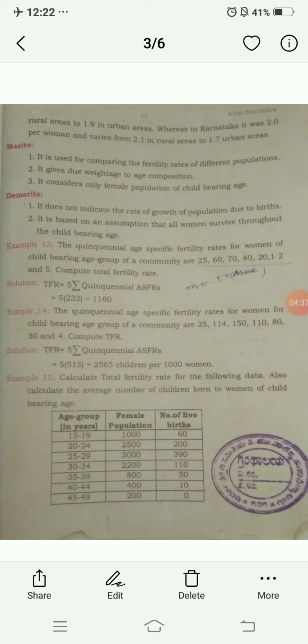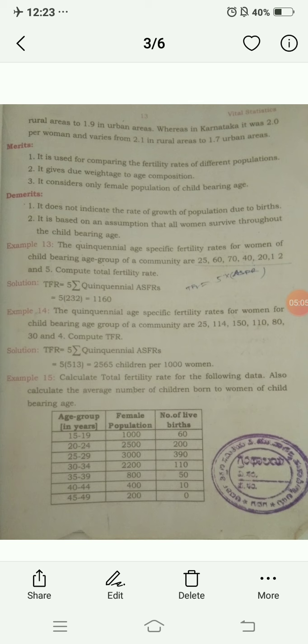TFR equals 5 into the summation of quinquennial ASFRs. Add them: 25 plus 114 plus 150 plus 110 plus 80 plus 30 plus 4, into 5, you get 2565 children per 1000 women as the total fertility.